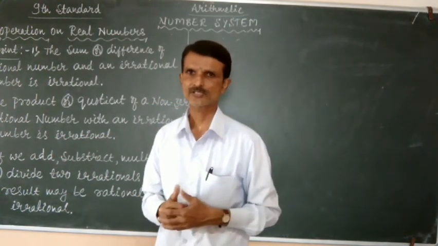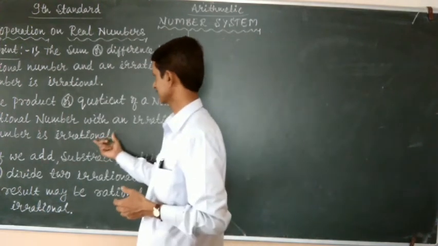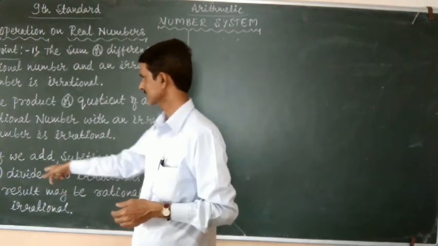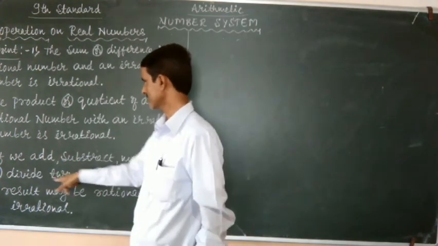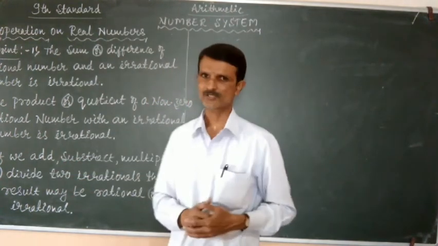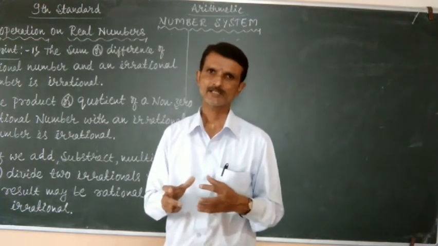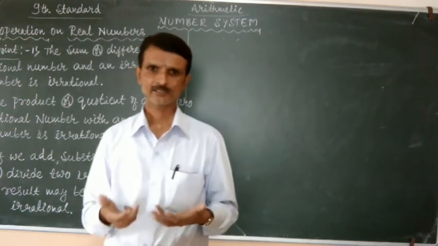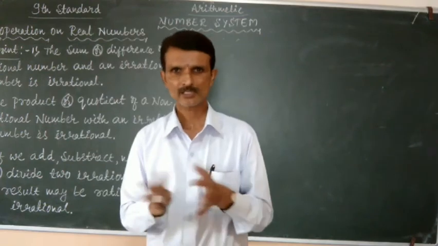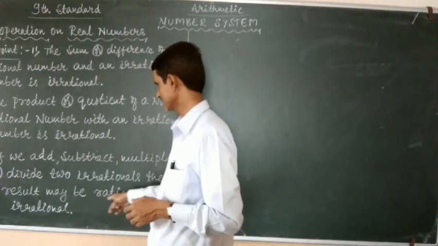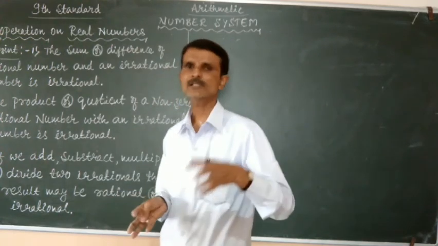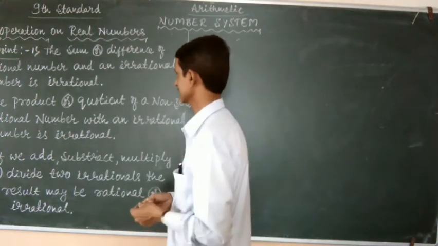The third one is if we add, subtract, multiply or divide two irrational numbers, the result may be either rational or irrational.